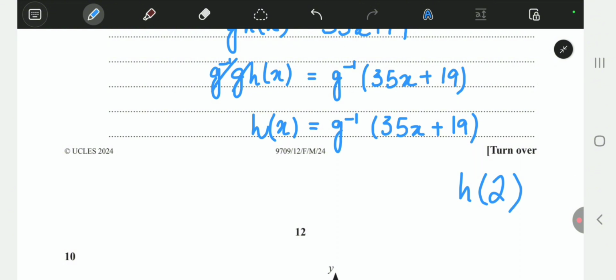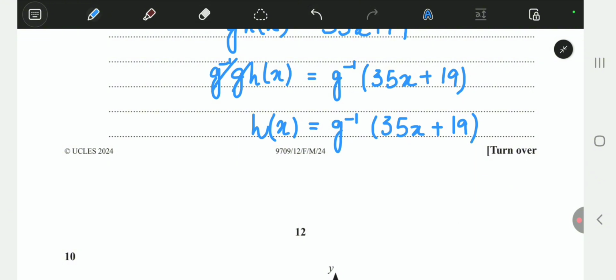Okay, this is very similar to if someone gives you to find h of 2. What you do, you take the expression for h of x and substitute 2 in it. So if you have g inverse of some expression, you will write g inverse expression, and in place of x you are going to substitute your 35x plus 19.